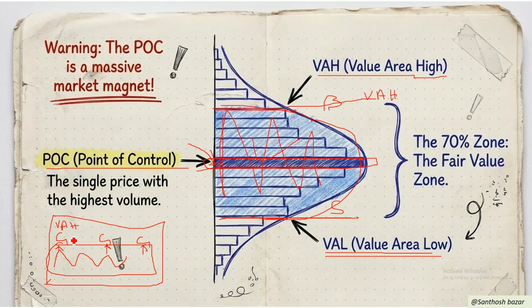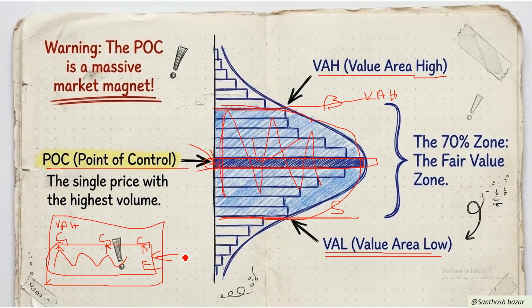That is called value area high. Now the value area low is a discounted rack. This is the opening of the supermarket where you enter. The value area low is a discounted rack near the entrance.